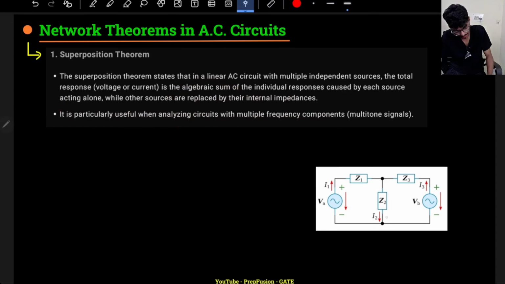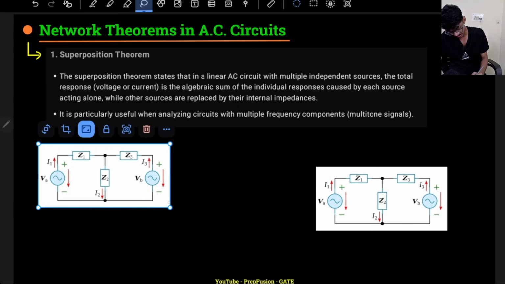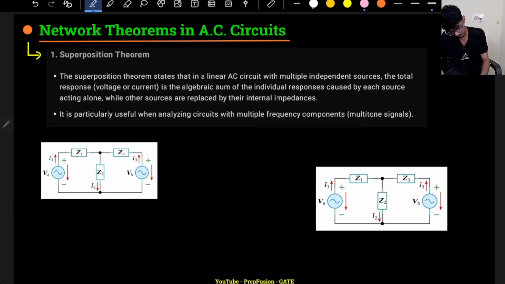So what I will do, I have to find out this I2 current. First I can convert this circuit into two cases. In the first case, this one will be totally gone. If this is totally gone, it will be replaced with its own internal impedance, whatever that is.